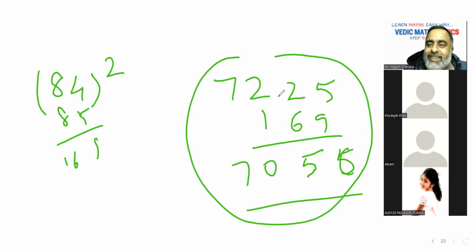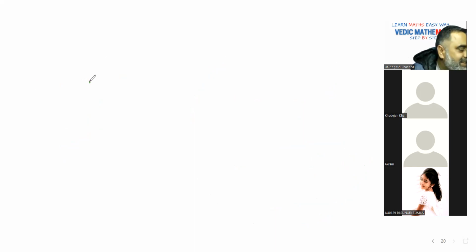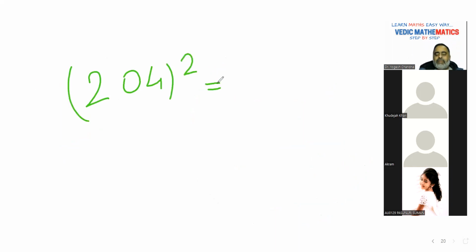Otherwise you have to take the complement. No problem, the easier it gets, the better. 204 square: sir, 41616. Yes. Correct.